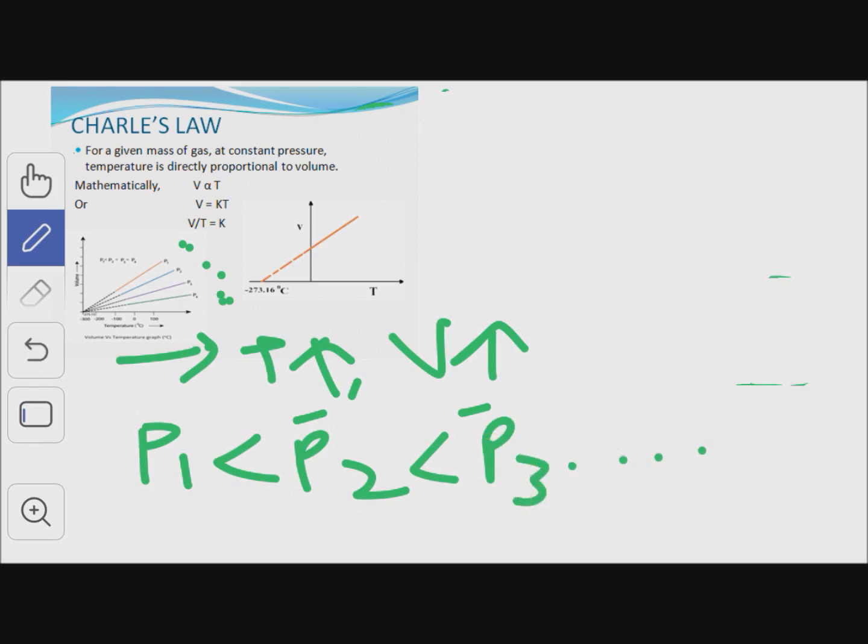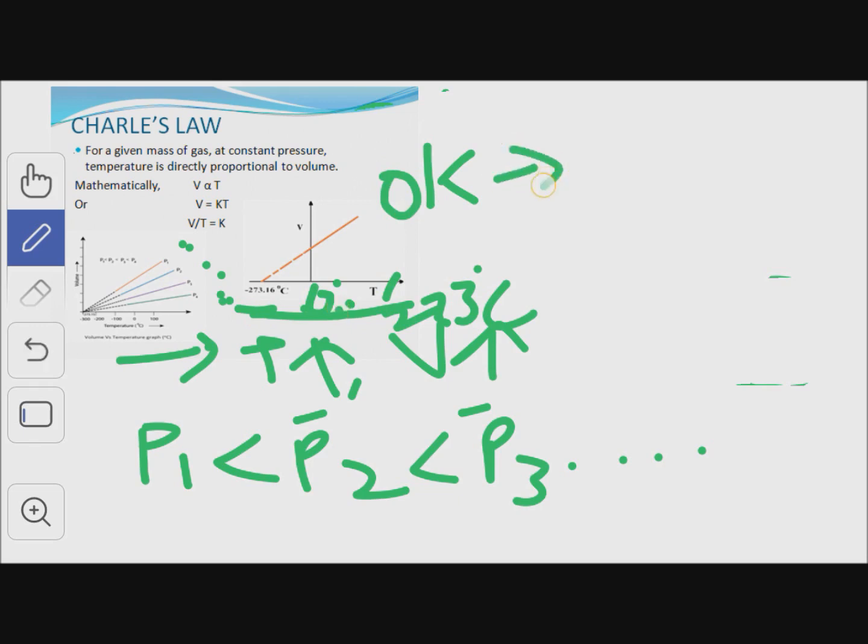It means Charles' law in this graph shows that this is 0 degree Celsius, and suppose this is 273 degree Celsius. Here minus 273.16 degrees Celsius is considered as 0 Kelvin. And from this to 0 degrees Celsius, we have 273 Kelvin. We move 273 steps and we reach 273 Kelvin.